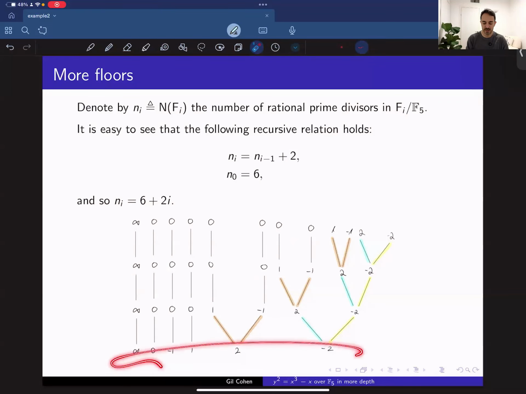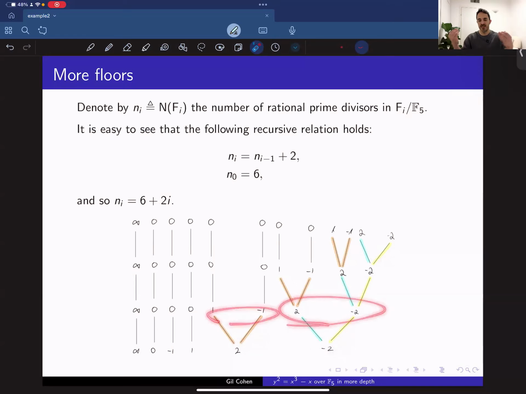It starts with 6, 5 plus 1 for infinity, and then every time you move up, you get 2 more places. This is really just because 2 of the places split into 4 places. So instead of 2, you have 4, and the remaining stay the same. So it adds up 2 every time. And so n_i, the number of rational points, is 6 plus 2i.